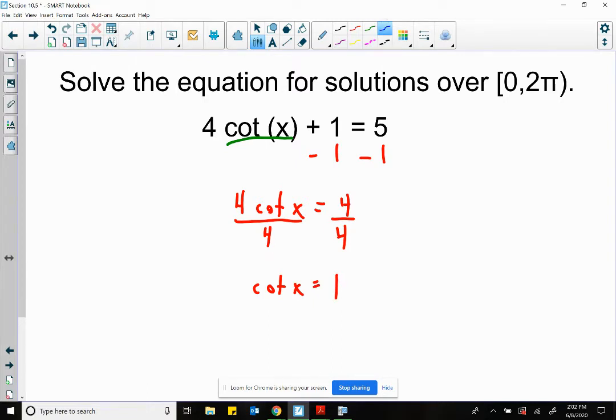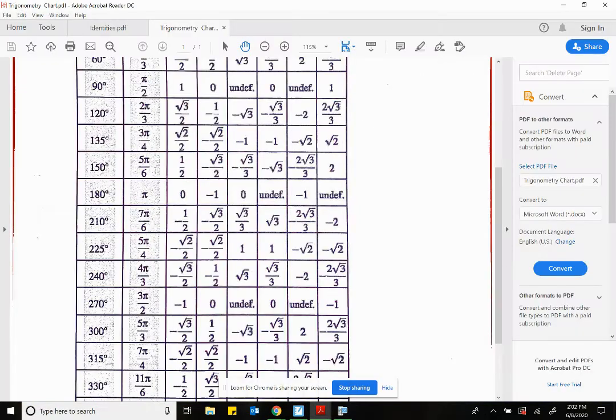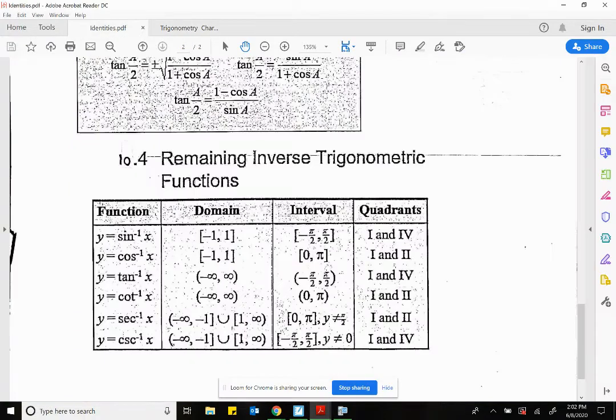How do I get the x by itself? Inverse trig. So we want cotangent inverse. Now, we got to make sure that we can do this. So go to your, oops, wrong notes. This one. So cotangent says, yeah, we can do it because we can use any number in here. All reals is the domain. Cool.